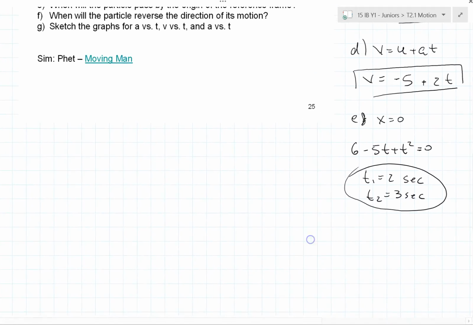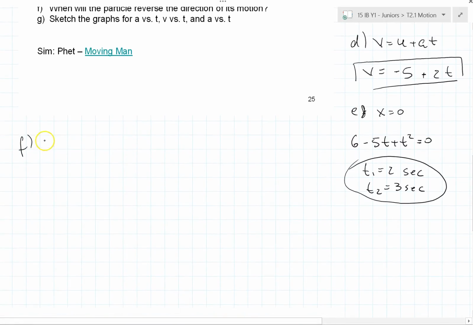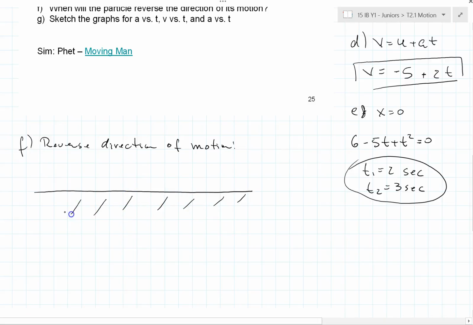Now, when will the particle reverse direction of motion? Let me just explain this in here for part F. To reverse direction of motion, you see that my particle needs to be coming one way, it needs to be moving in one direction, it needs to momentarily stop, and then it turns around and comes back.